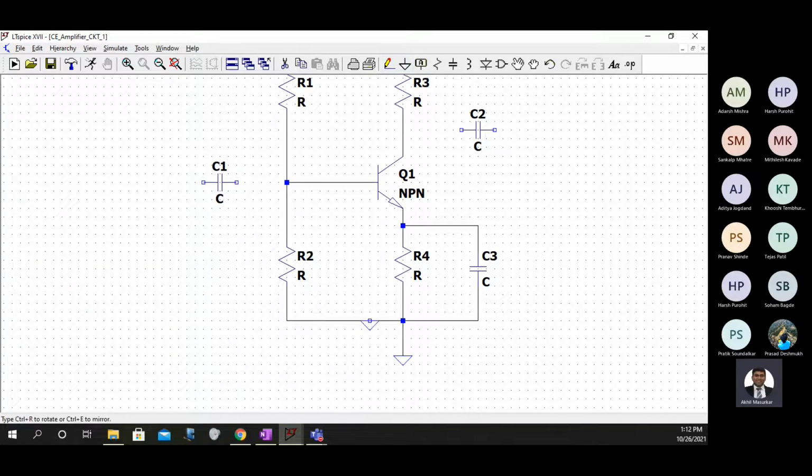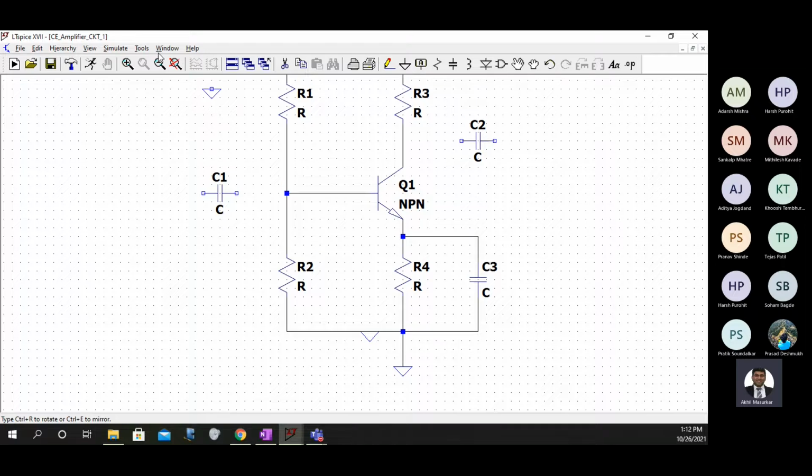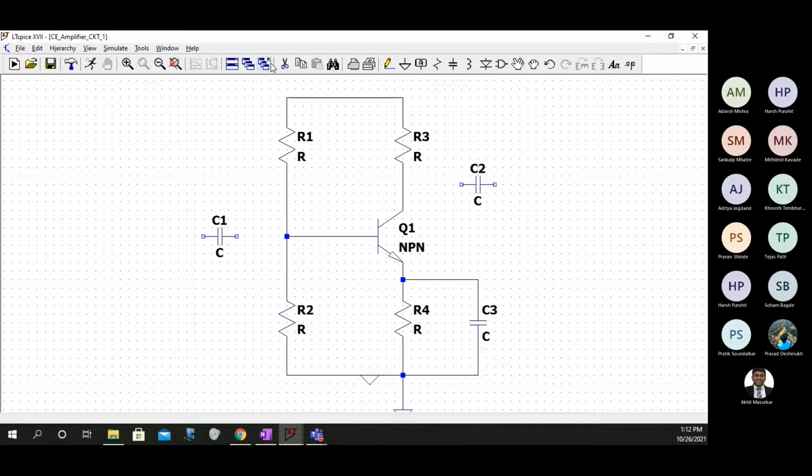One mistake students do is they directly paste this ground. Just don't do that. If you do this, there is no connection between the ground and the wire. You should be able to see this blue dot.